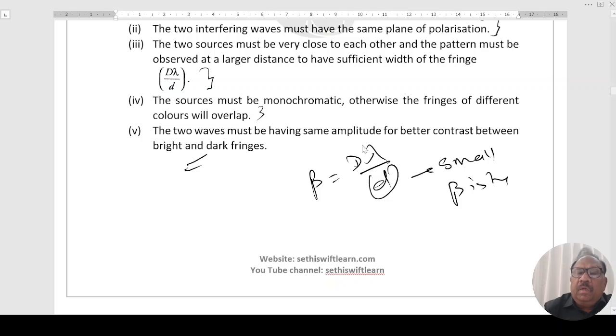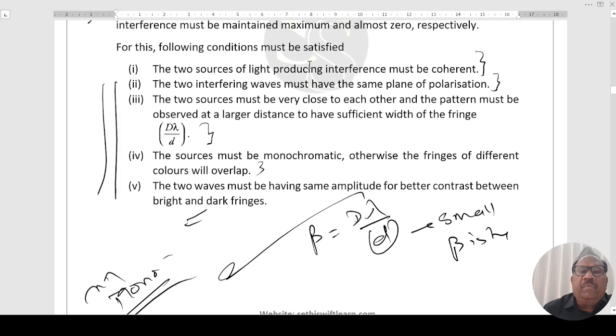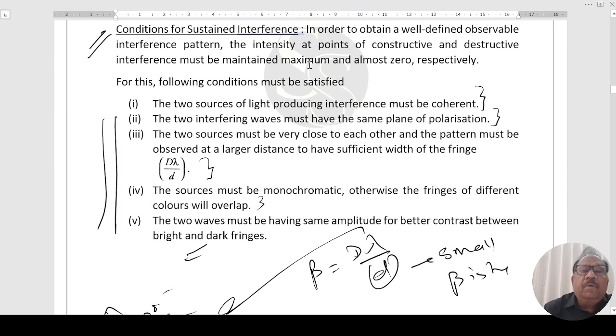And if it is not monochromatic, then different colors will be there and overlapping of colors will occur. Therefore, these are the essential conditions that should be satisfied for a sustained interference pattern, right?